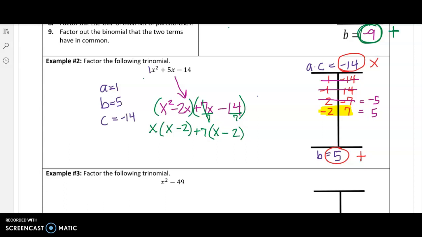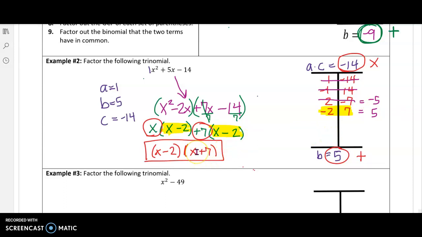It is important to note that we can see that they both have a binomial in common, x minus 2. So we're factoring out that x minus 2 from both of them. And what is remaining? An x and a plus 7. That goes in the second set of parentheses. And that is our factored form of that trinomial.